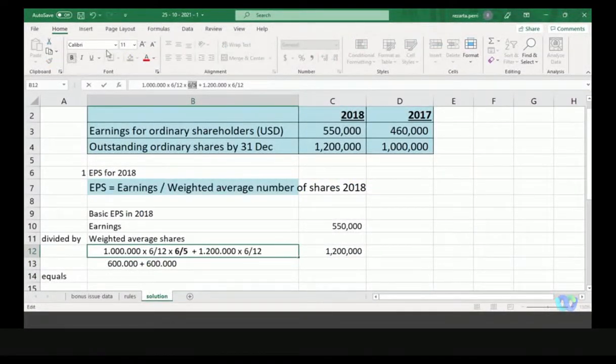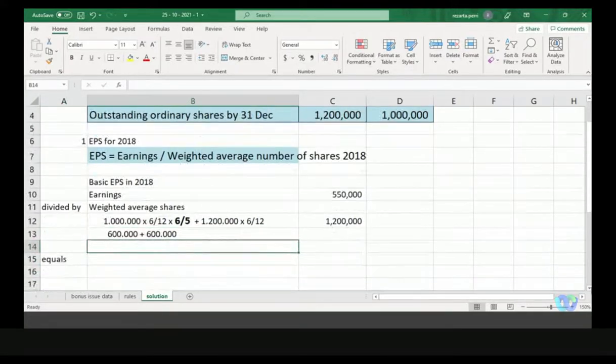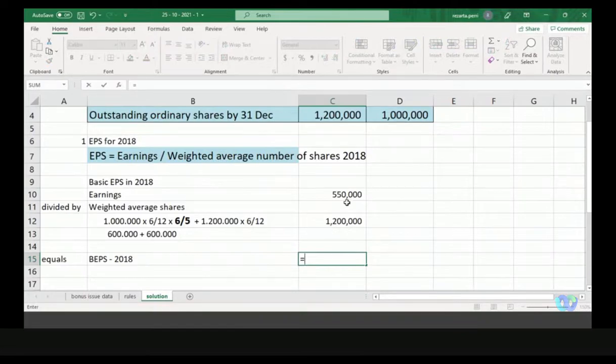I'm just increasing the figure to make it clearer. So we can have the correct number of weighted average shares. After we correctly calculate the earnings per number of weighted average shares, this is equal to the basic earnings per share of 2018. Again, this is the ratio between the amount of the earnings and the number of shares.